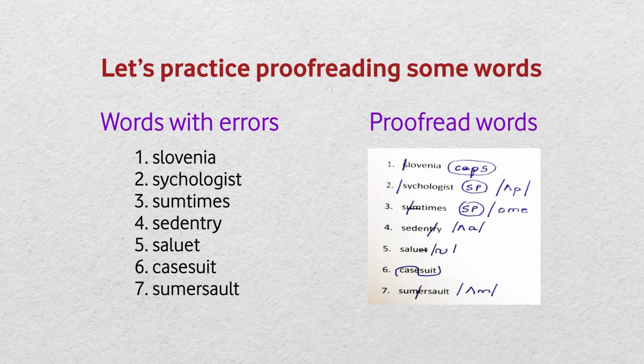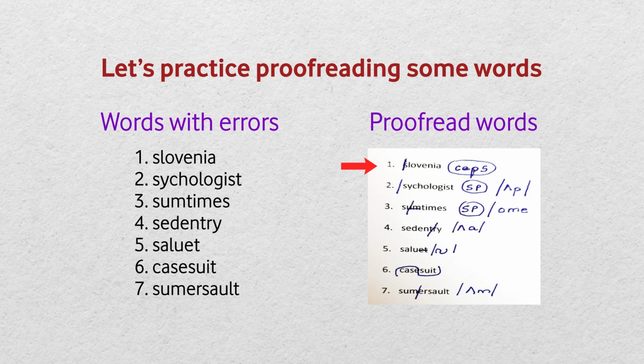Obviously Slovenia should begin with a capital S because it's a proper noun, being the name of a place, right? The specific name of a place. So what have I done? I have drawn a line through the S to indicate that that's the part of the word where the problem is.